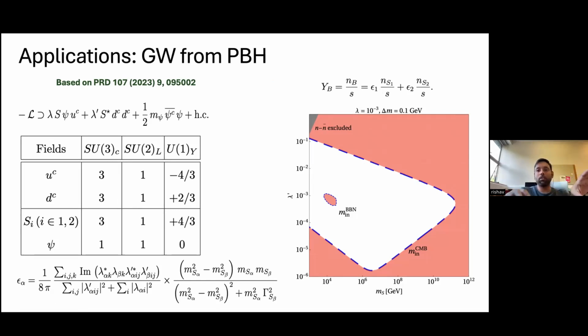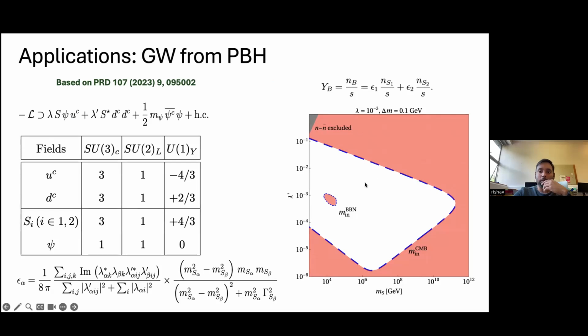Since we consider the masses to be degenerate, one can take the ratios n_S1 by s and n_S2 by s to be more or less the same, and hence we can take these two things common, and the baryon asymmetry will depend on the sum of these two CP asymmetries.